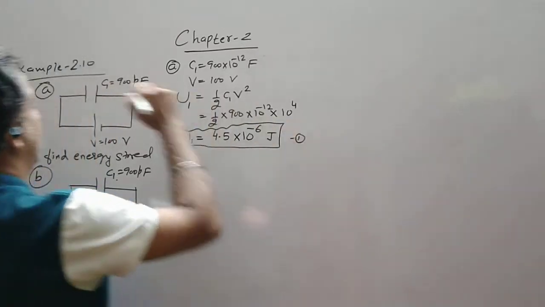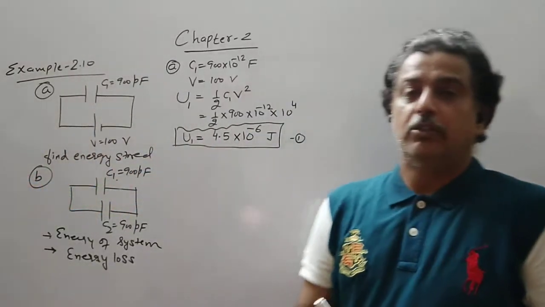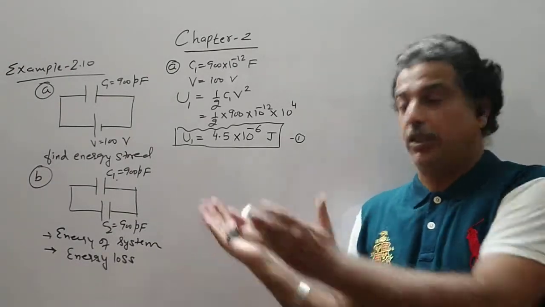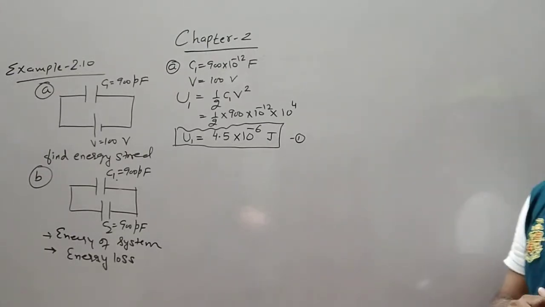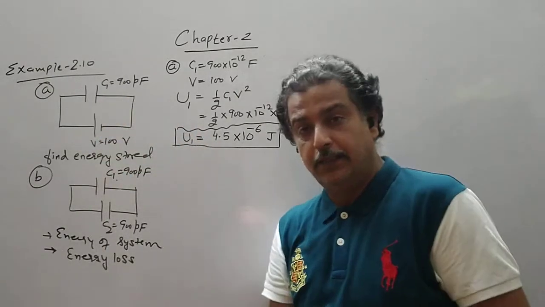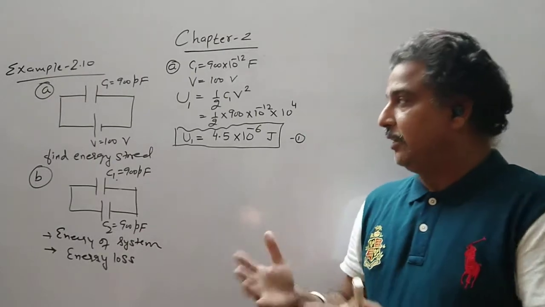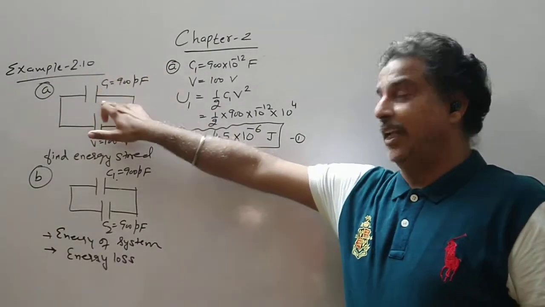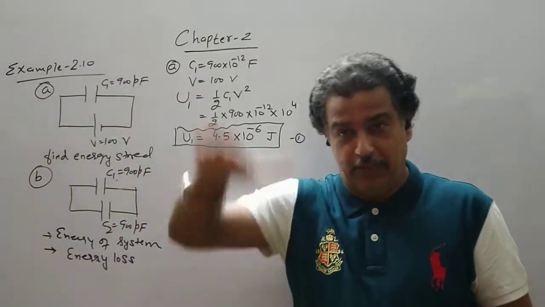See, I named them C1 and C2 because it may be possible that the capacitance values are different. Here it is the same, so it will be easier to deal with such a numerical. So the total energy stored in the capacitor is this much. Now we disconnect the battery and connect another C2. So it is clear that the potential, or the energy, or the voltage of this capacitor will decrease.